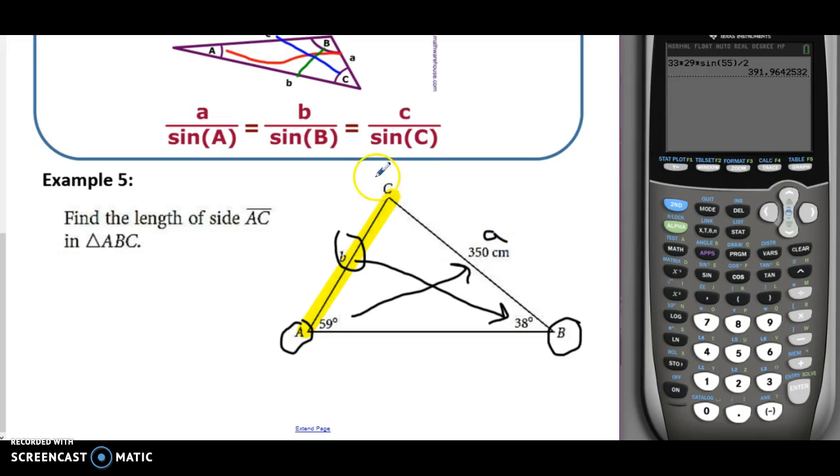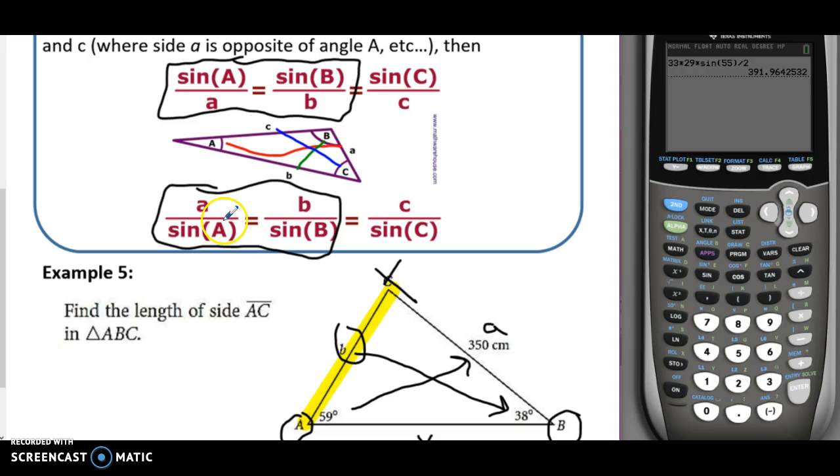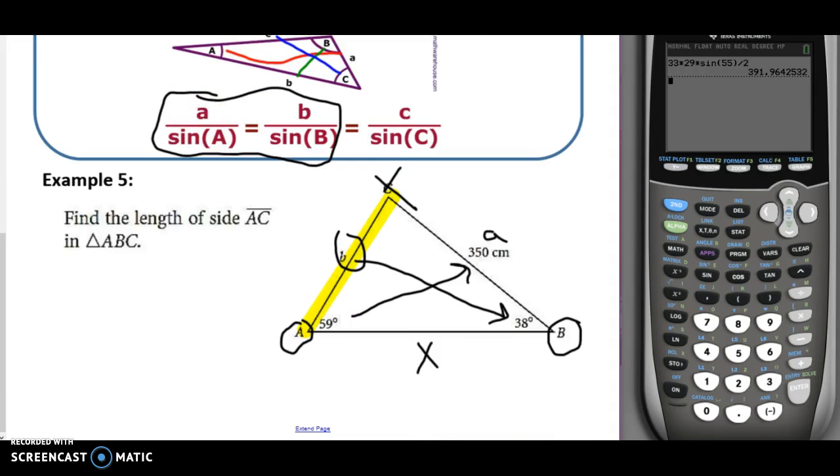We are not using angle C or side C. So we do not need those two pieces. So since we are just using A and B, I am going to use the two fractions that include A and B. So I can either set it up with the sines on top or the sines on the bottom, but those are the equations I'm going to use.